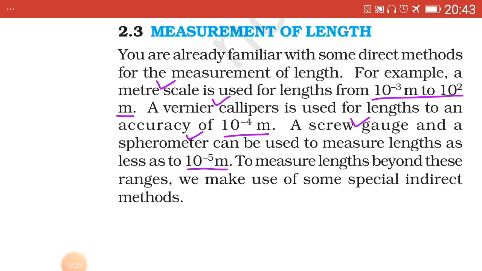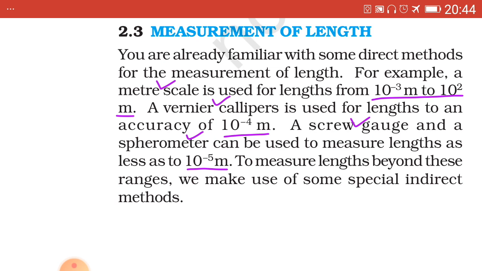Now we have finished all the different units, that is the first part of the chapter, and now the next topic is measurement of length. We are familiar with some direct methods for the measurement of length.